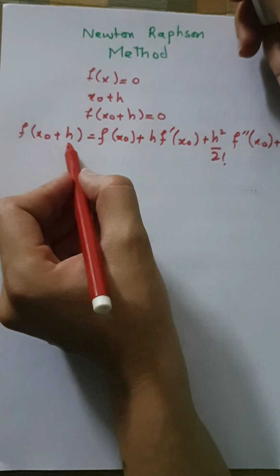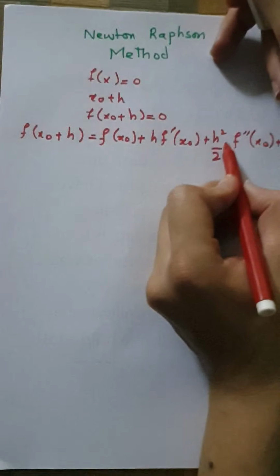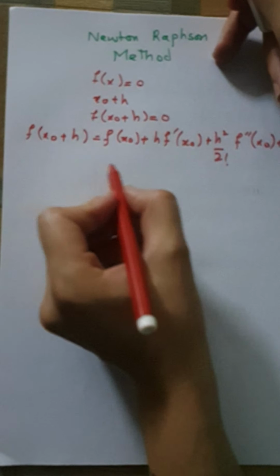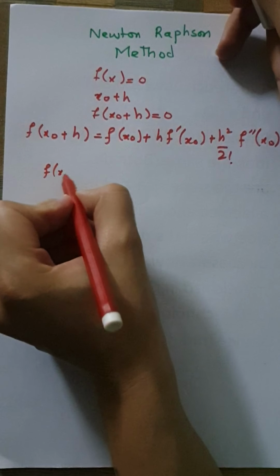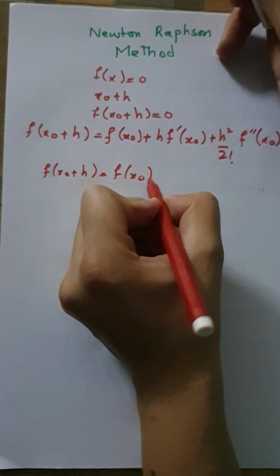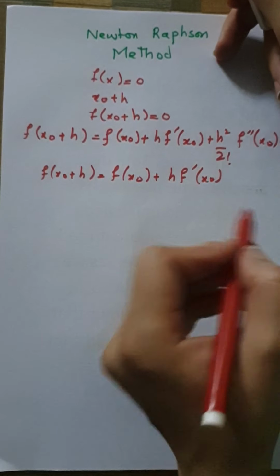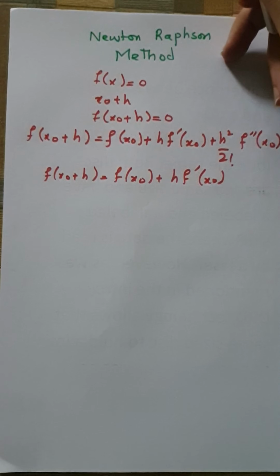Since we have assumed h is very small, when we take the square of h it will give us a very small quantity. So let's ignore the higher derivative terms, and you will be left with f of x naught plus h is equal to f of x naught plus h f bar of x naught, because the rest of the terms have been neglected.